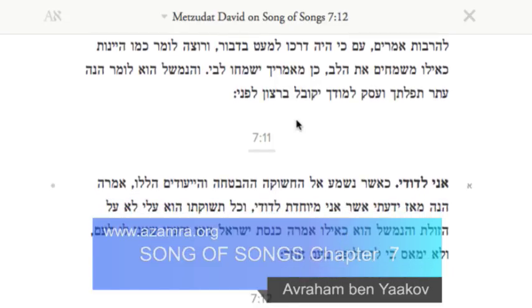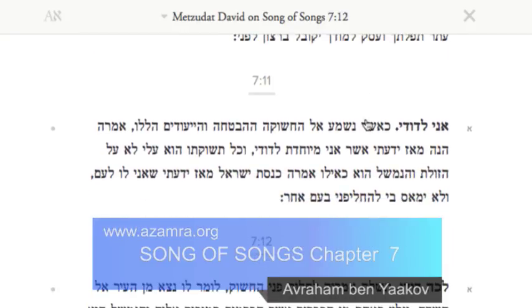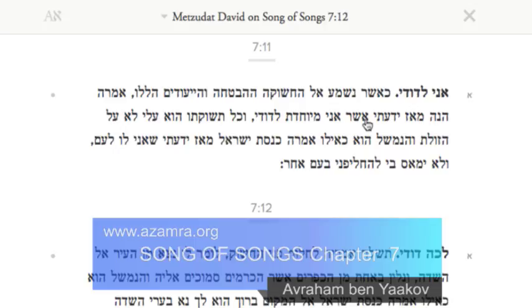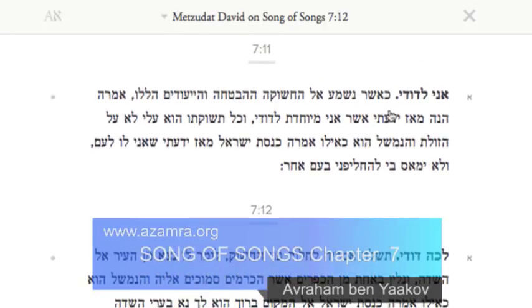So coming now to verse 11, Ani l'dodi v'alai teshukato, I am my beloved's, and upon me is his desire. According to Metzudat David, all the previous verses were coming from the mouth, as it were, of the lover, the Almighty, singing the praises of his beloved.